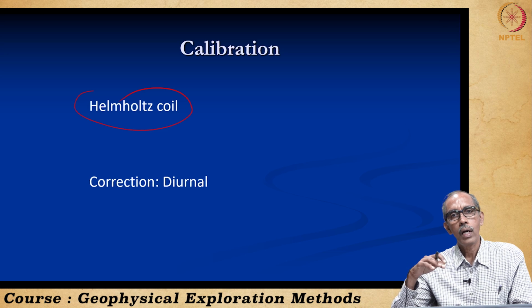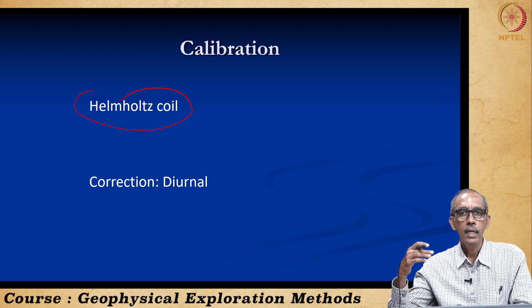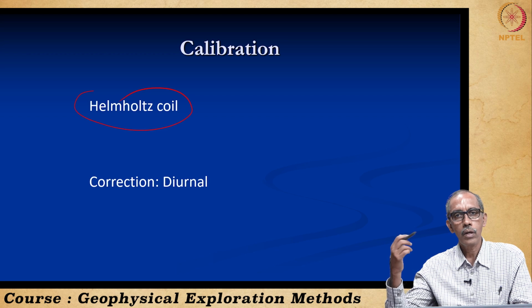We will place our magnetometer just above that to check whether the magnetometer is able to measure the magnetic strength produced by the Helmholtz coil. So, this is how we calibrate the magnetometer before carrying out the survey in the field. Just before the survey, we need to calibrate.